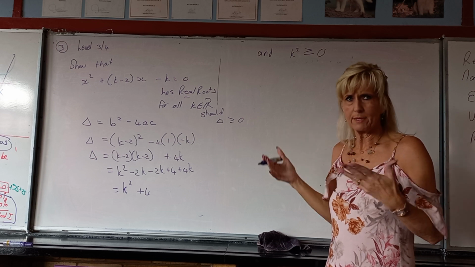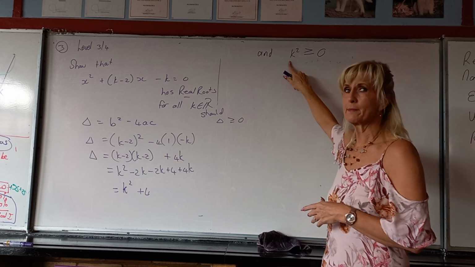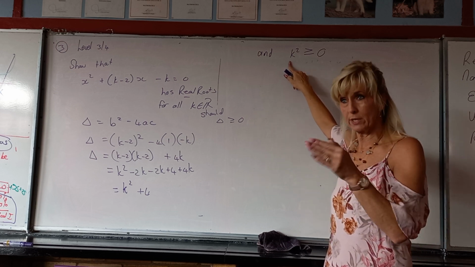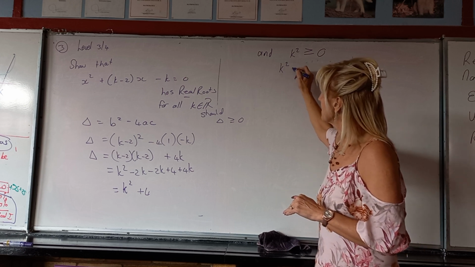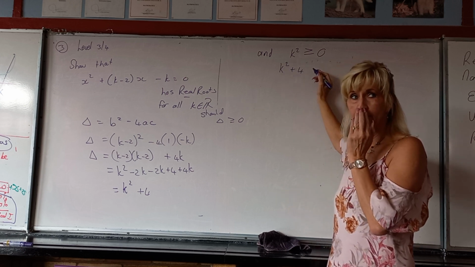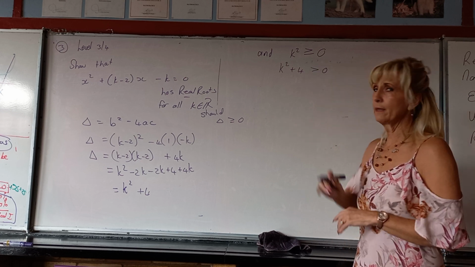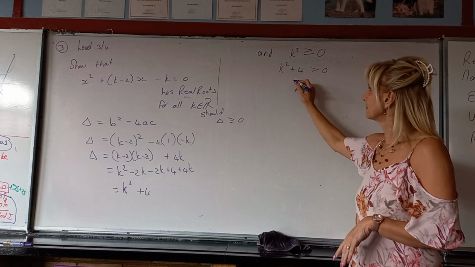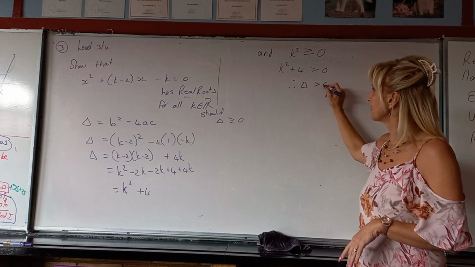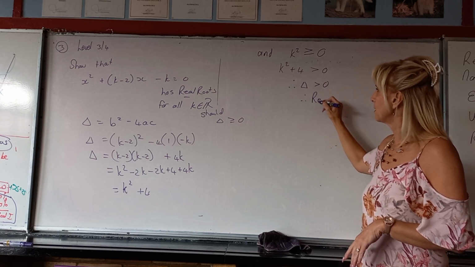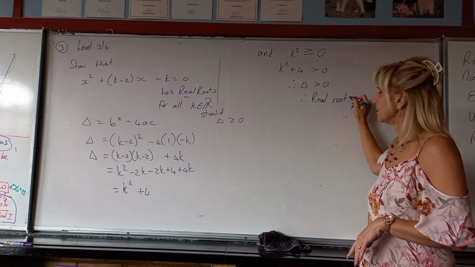Yes, because k can be 0. Something squared can be positive or it can be 0. But if you add something to that, it'll definitely be bigger than 0. So what have I proven? That the discriminant is bigger than 0, so that is why real roots.